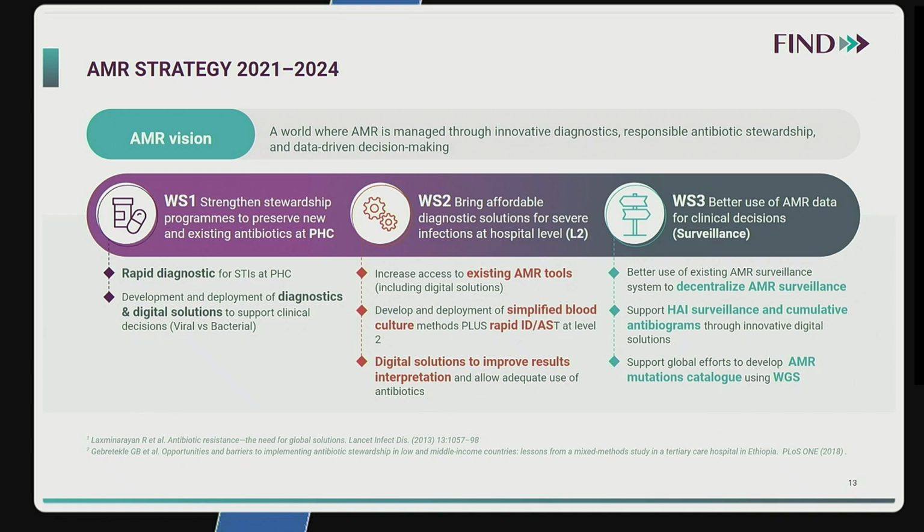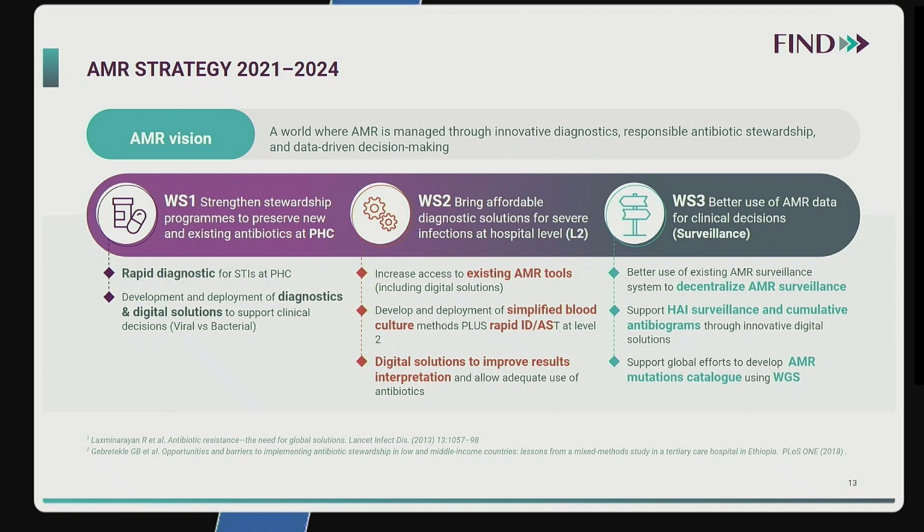And the third pillar is surveillance. What do we do with this data? Countries today are generating data on AMR surveillance, and this data is being reported to GLASS to give access to global data. But this data is not always used at national or regional level.